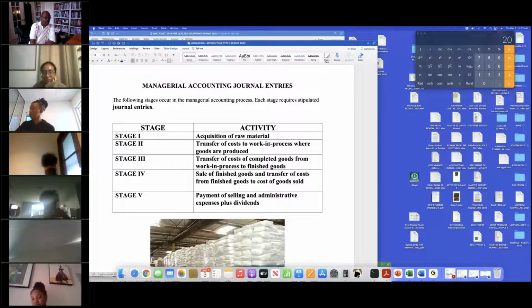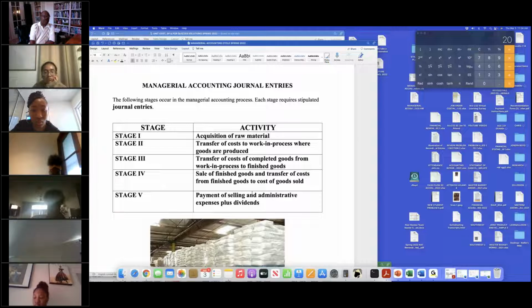Stage 3, we transfer the cost of completed goods from work in process to finished goods. Stage 4, we sell the finished good and transfer costs from finished goods to cost of goods sold. And in stage 5, we pay selling and administrative expenses plus dividends. So those are the 5 stages.